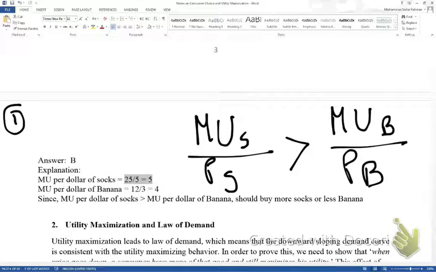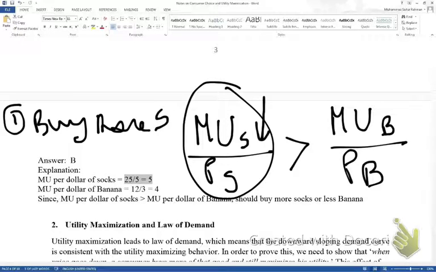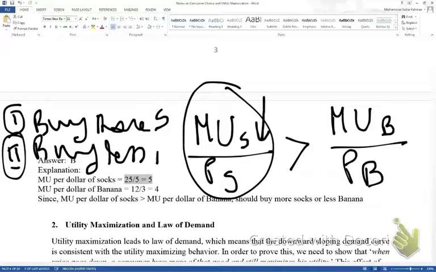First one, you can buy more socks. Why? Because if you buy more socks, your marginal utility per dollar on socks is gonna go down, then this entire ratio is gonna go down until you find equilibrium. The second thing that you can do is that you can buy fewer bananas.